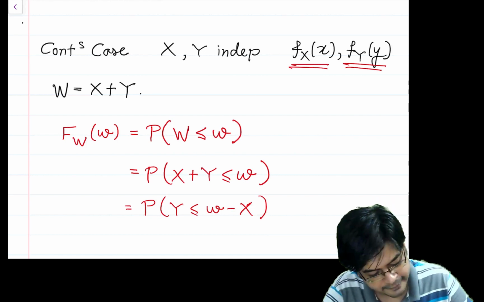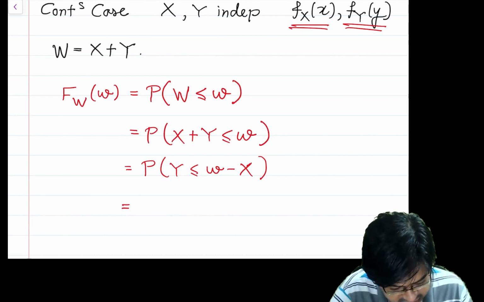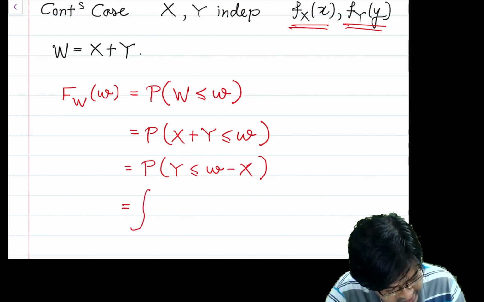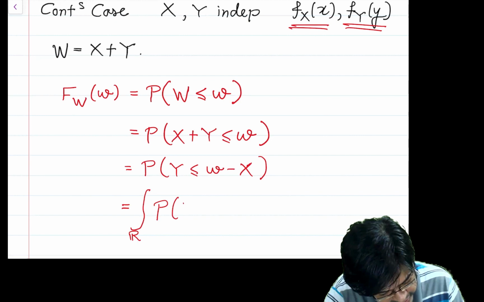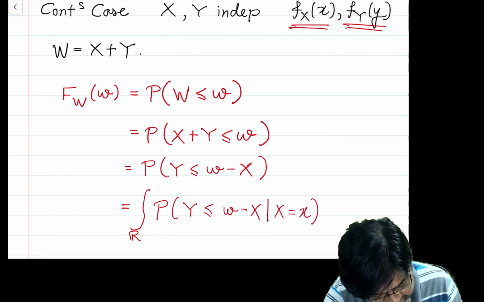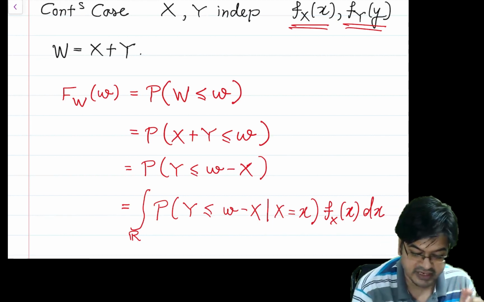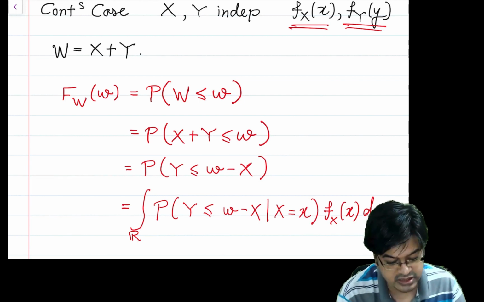Okay, then you go further and try to justify this X. In order to justify this X, because X is a continuous random variable, you will integrate over R the probability of Y less than or equal to w minus x, given X equal to x, times the PDF of X. Remember, while solving the example, I said I cannot do this because I have to do this integration over R for this x.